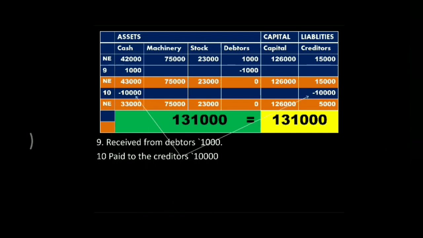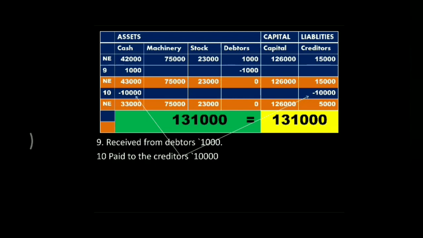So after this the current position is cash 33,000, machinery 75,000, stock 23,000, capital 1,26,000, and creditors, earlier 15,000, but we have paid rupees 10,000.